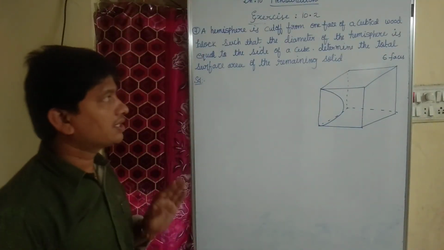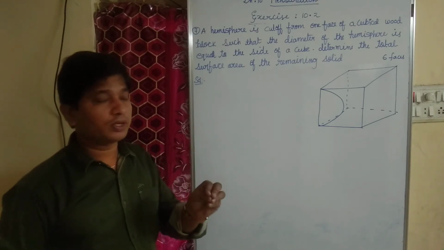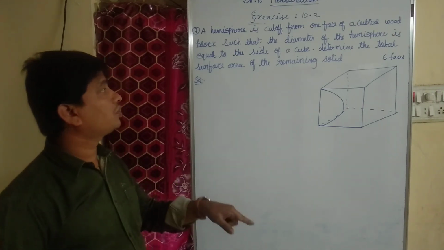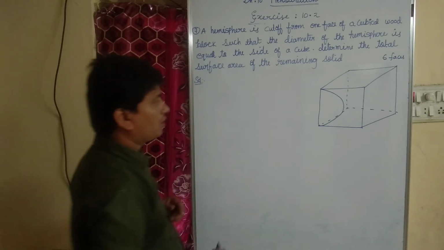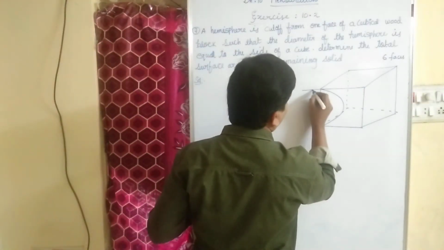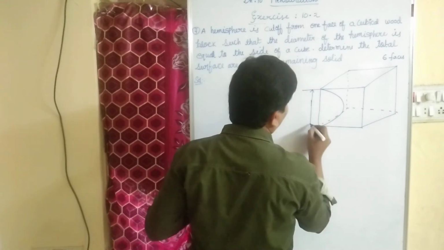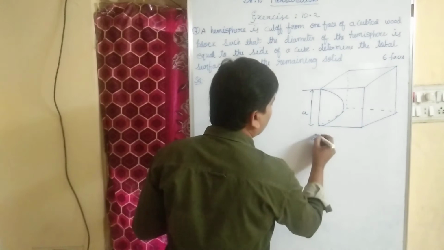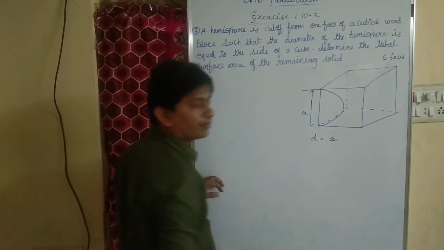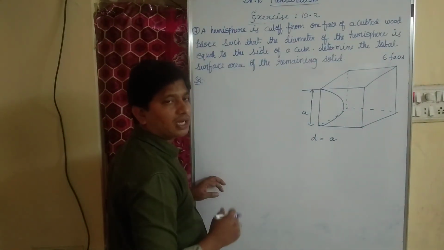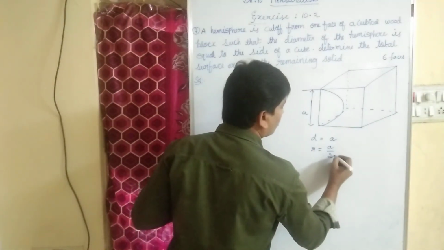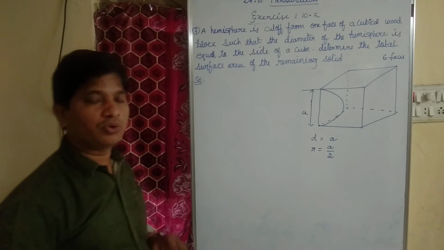Let the side of the cube be a units, hence the diameter of the hemisphere is a units only, because diameter and side of the cube are the same. So what about the radius? Radius will be half of the diameter, so a by 2 units.